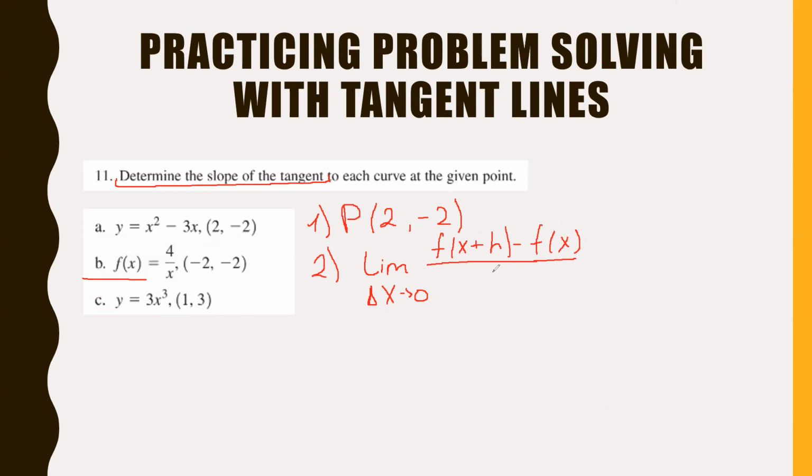Here you can easily say it's over h because you already remember that x is simplified there. The next step would be to find unknown values. What we don't know here is f of x plus h, the value of the function at the second point we're taking. I would stick x plus h into this formula.